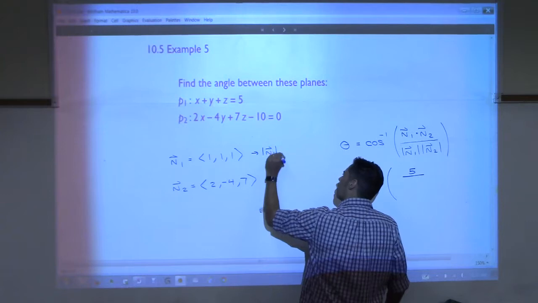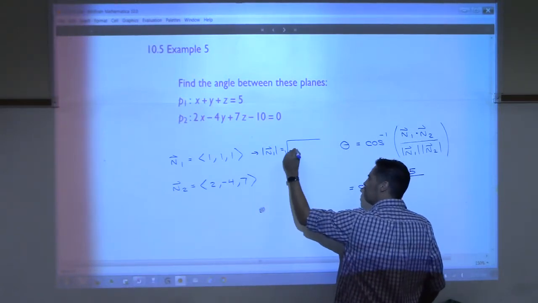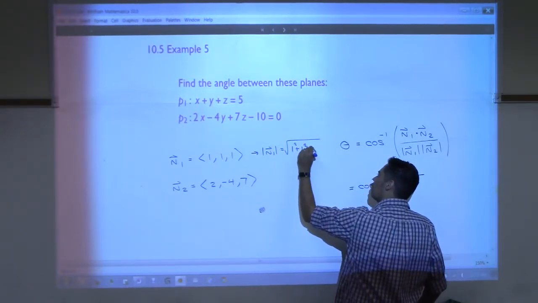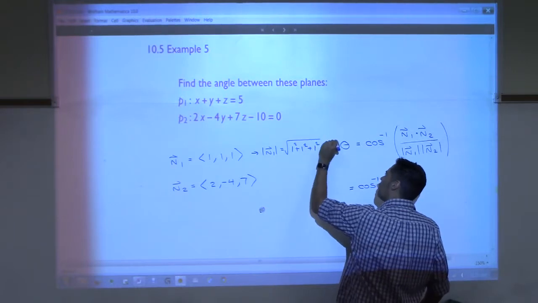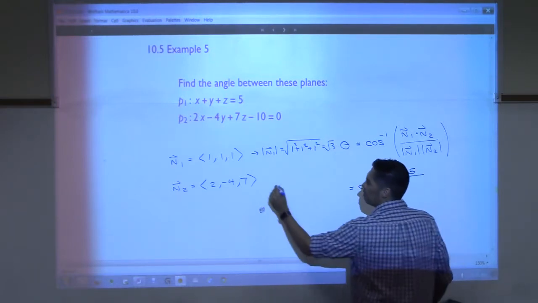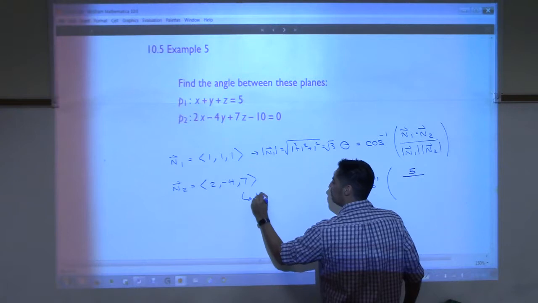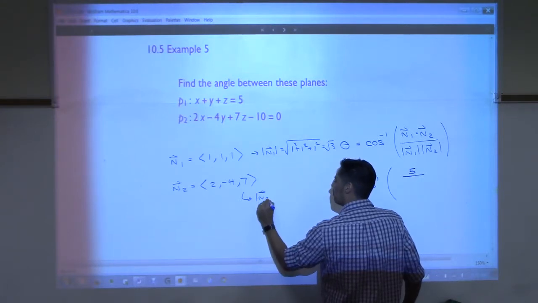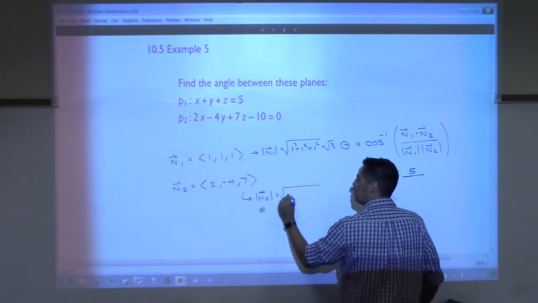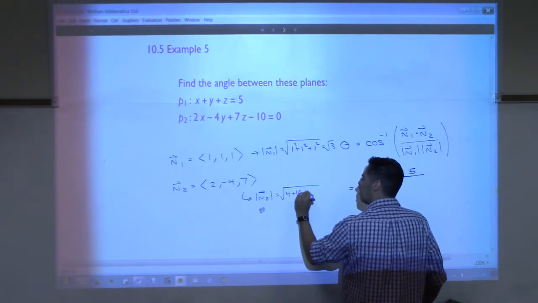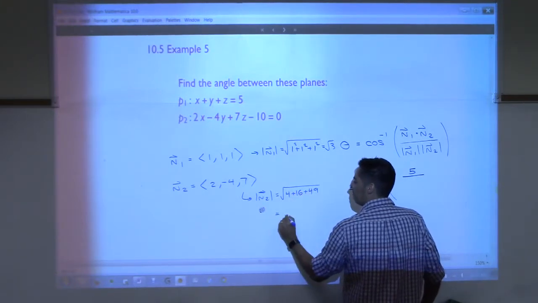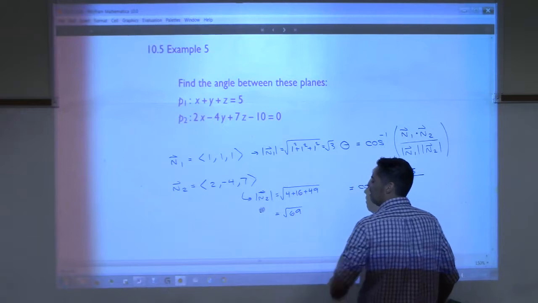How long is this? So square root of 1 squared, 1 squared, 1 squared. So root 3. And then how about this one? What's the magnitude of n2? Root 4 plus 16 plus 49. Root 69.